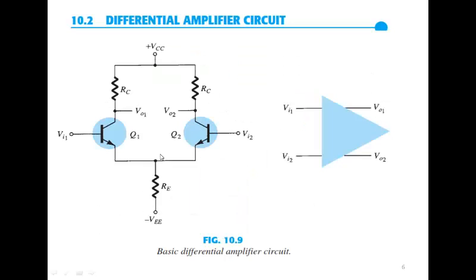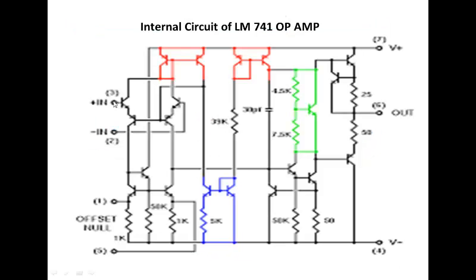It has two transistors at the input stage to which the two inputs are applied: pin number 2 is inverting and pin number 3 is non-inverting. This is the output stage, and the output is taken from pin number 6.